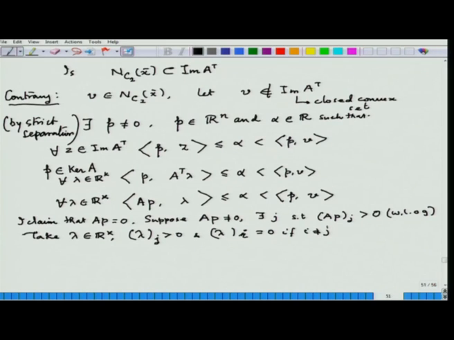Then you can make this lambda as big as you like, so this positive number can blow up, cross the value of alpha, cross the value of PV, and break the separation inequality.